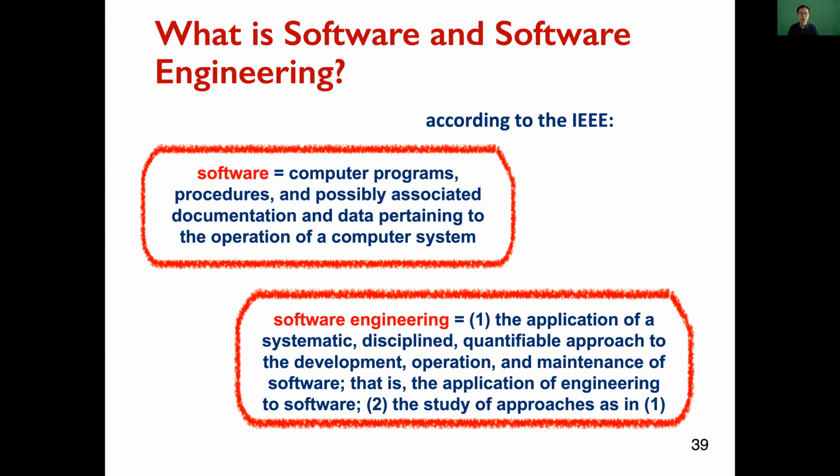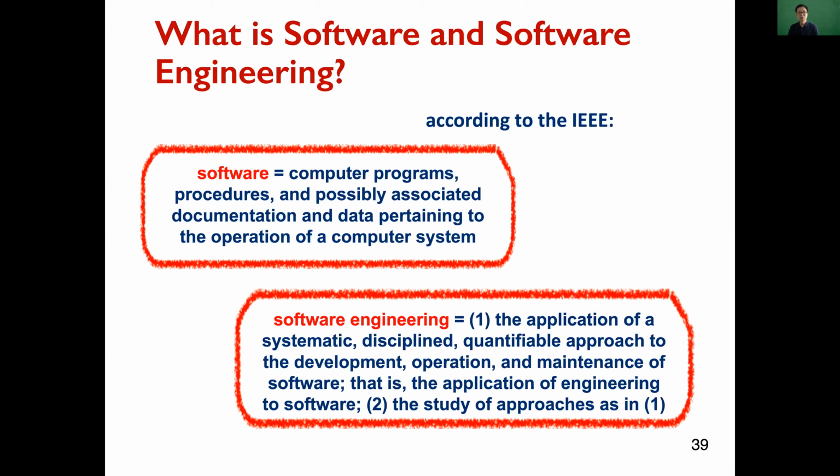And software engineering, first, is the application of a systematic, disciplined, and quantified approach to the development, operation, and maintenance of software. That is the application of engineering discipline to software. A second part of software engineering is the study of approaches to the software development, operation, and maintenance process.